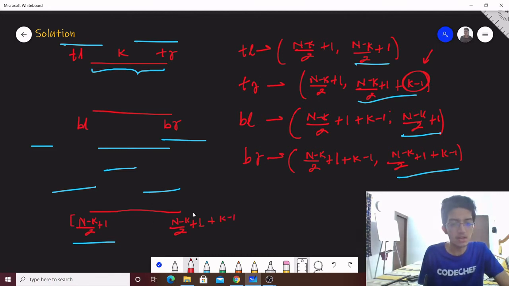This is our horizontal segment, and we are given some more segments like a1 b1, a2 b2, a3 b3, a4 b4.